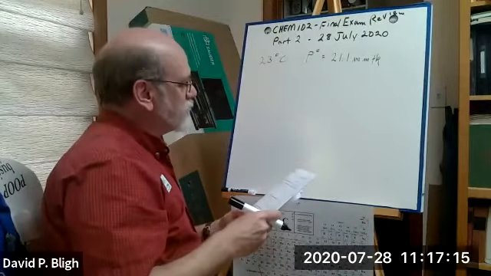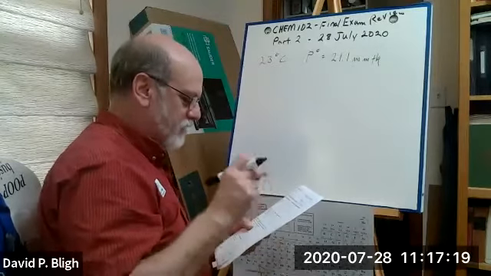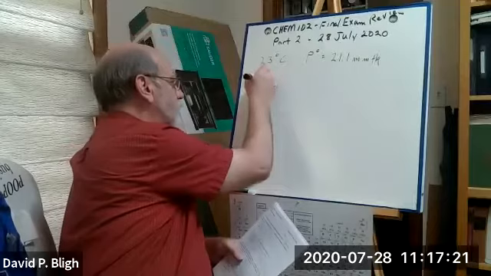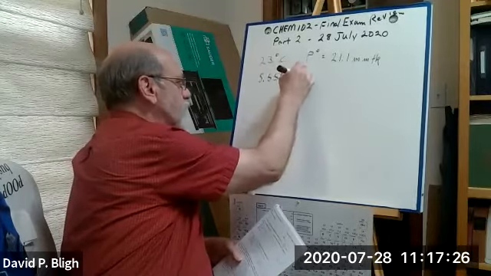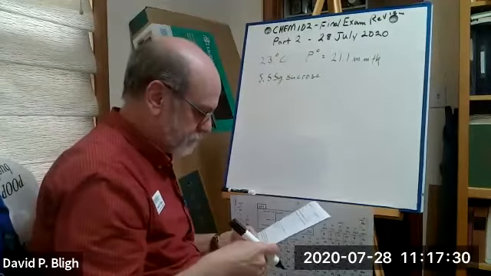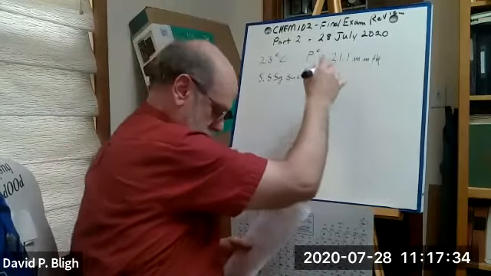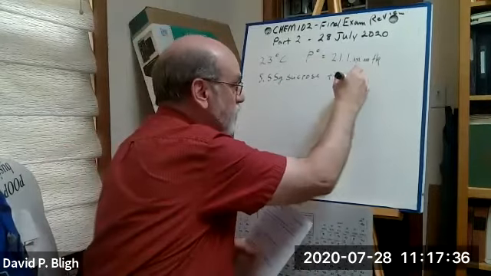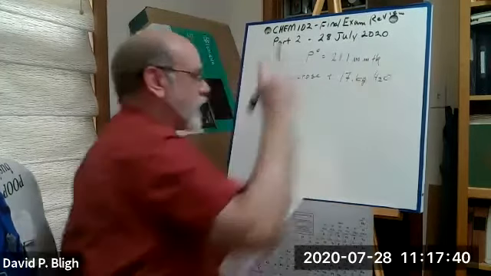But what we're going to do is in that pure water, we're going to add 8.55 grams of sucrose, table sugar. And we're going to add that to 17.6 grams of water.